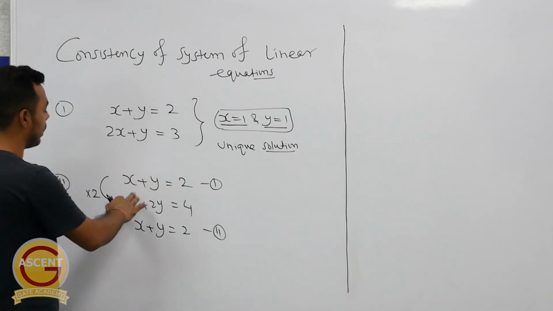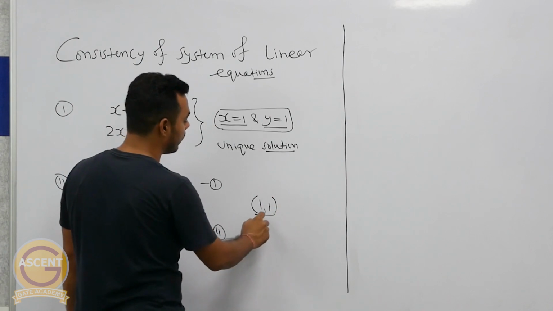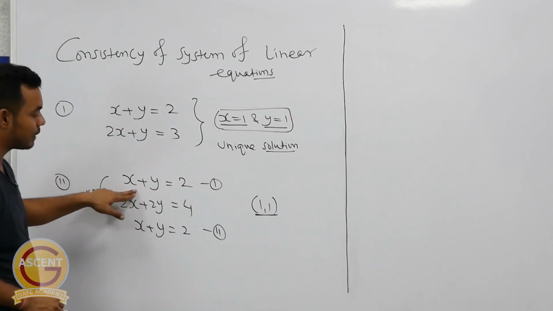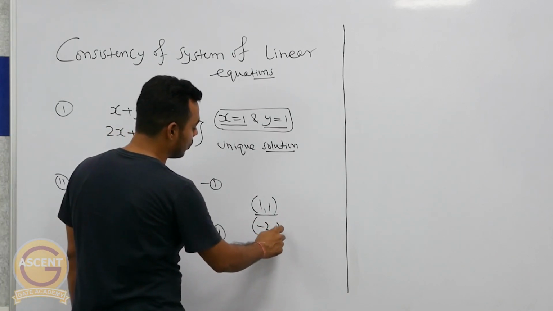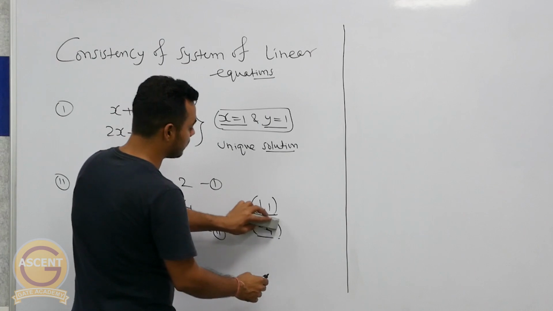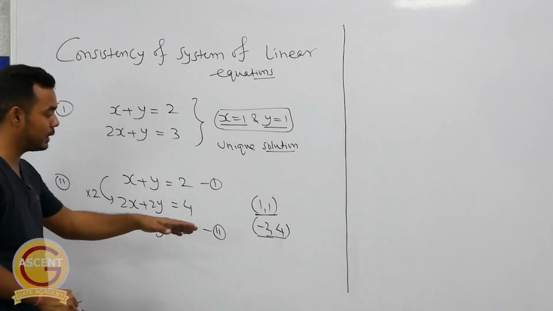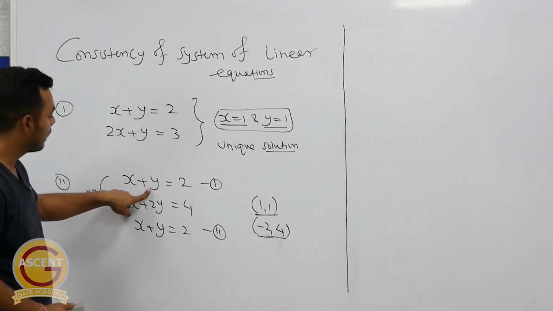So here if I ask you how many values of x and y are possible, one value you can think of is 1, 1. If I place x equals 1, y equals 1, then it will satisfy this equation. Another value that you can think of is x equals minus 2, y equals plus 4. So this pair of values, this is x, this one is y. So x plus y equals 2.